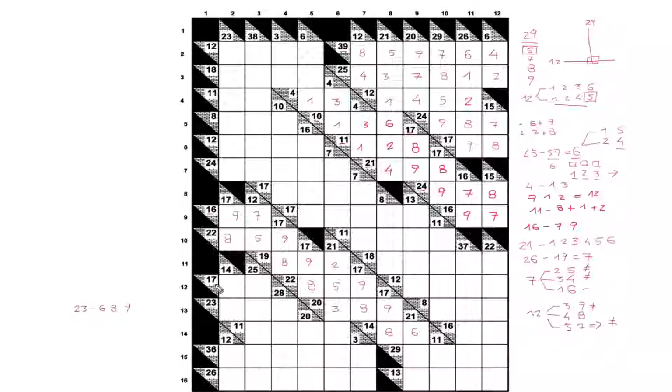And of course, number 17, like it was many times in this Kakuro, 8 plus 9. And number 14, there are 2 combinations to make number 14. The first combination will be number 5 plus number 9, and second combination will be number 6 plus number 8.